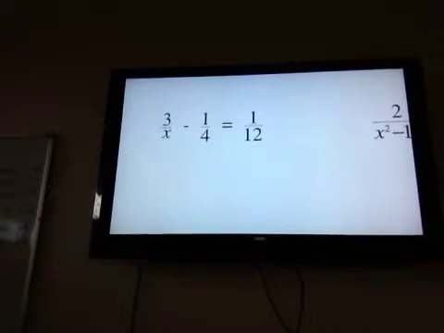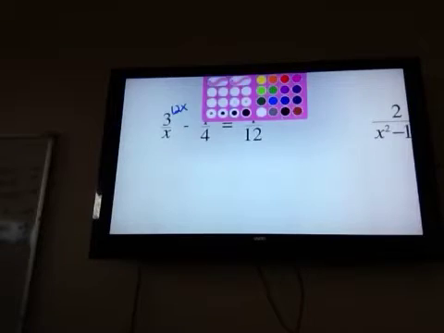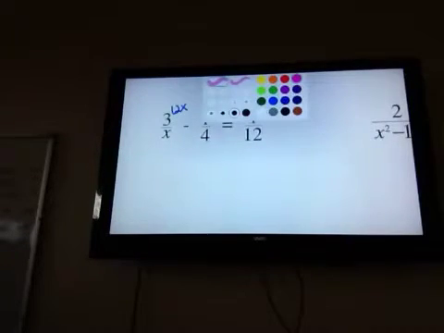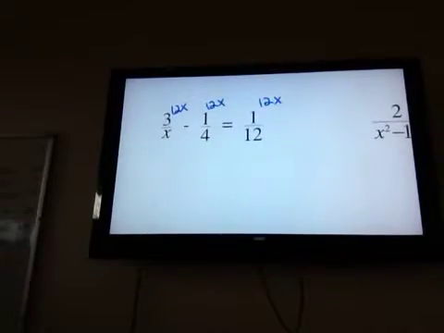Okay, my next one here, my LCD is 12x. So 12x here, 12x here, 12x here. And then I cancel. So my x's cancel with x.